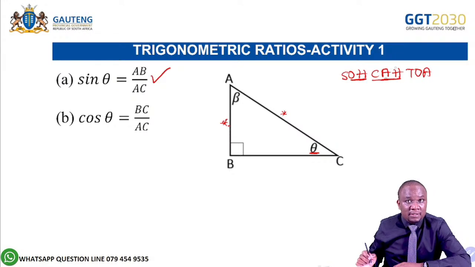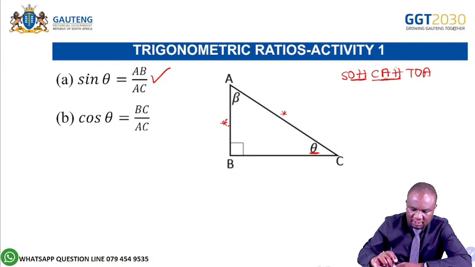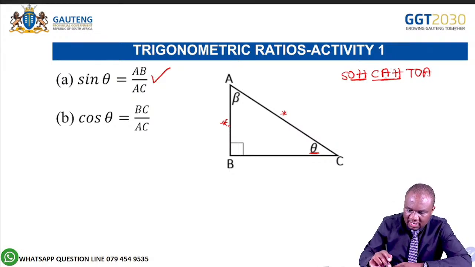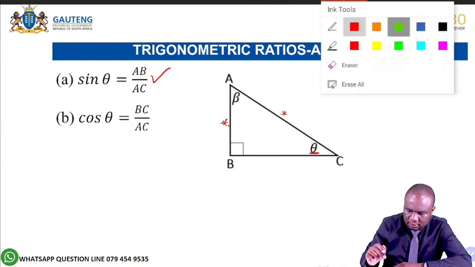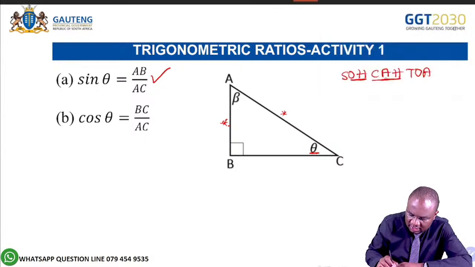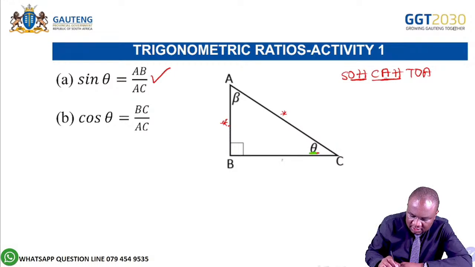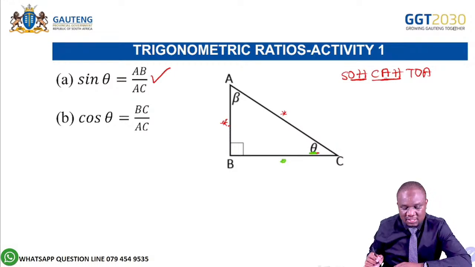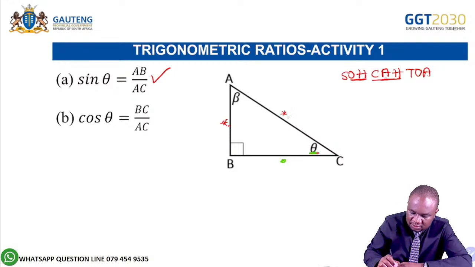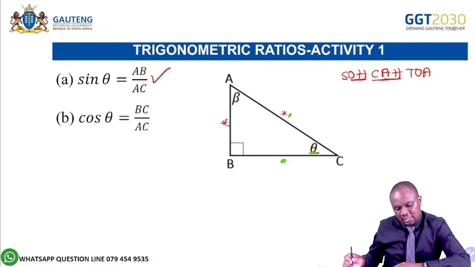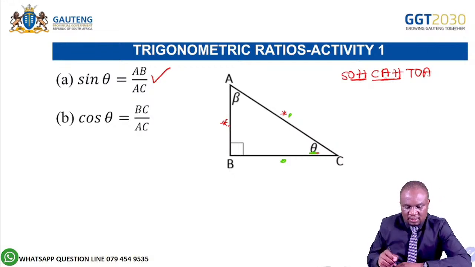The side adjacent to theta, next to theta, is BC, and the hypotenuse is AC. So cos theta is BC over AC.